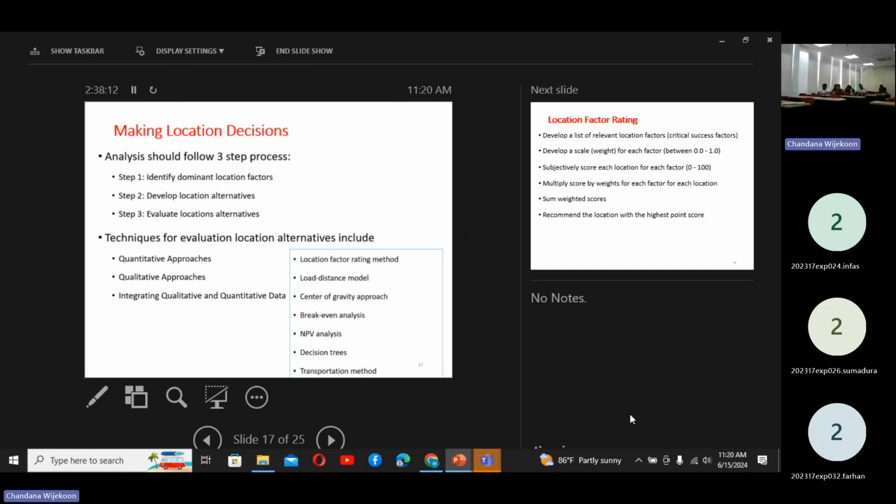Customer demographics, like their income levels, their buying habits, lifestyles. Customer demographics are very important.